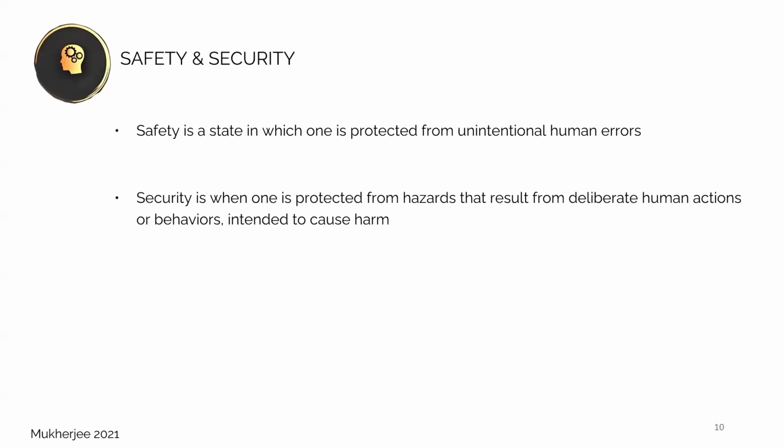So these are different. Safety could be from fires or car accidents, but security is when there is maybe a threat from another person and you're provided safety and security from that threat.